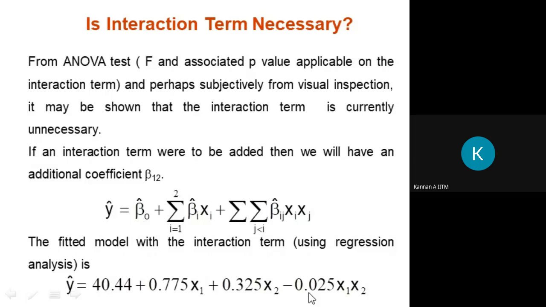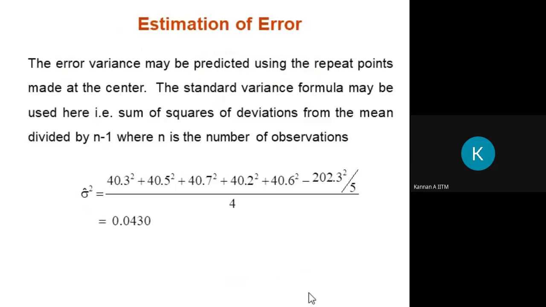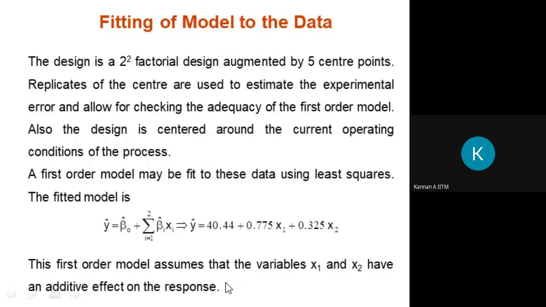One more thing you will ask, if you are very alert. When you are ignoring x1, x2, you are getting 40.44 plus 0.775 x1 plus 0.325 x2.